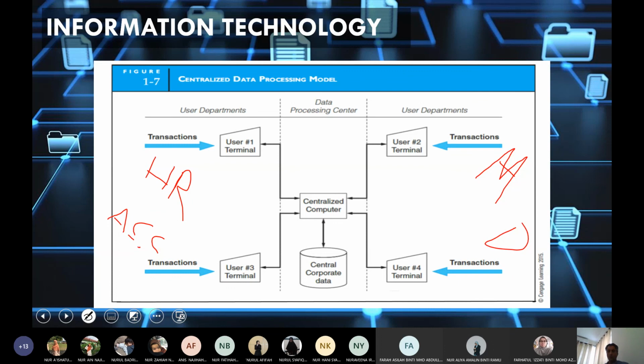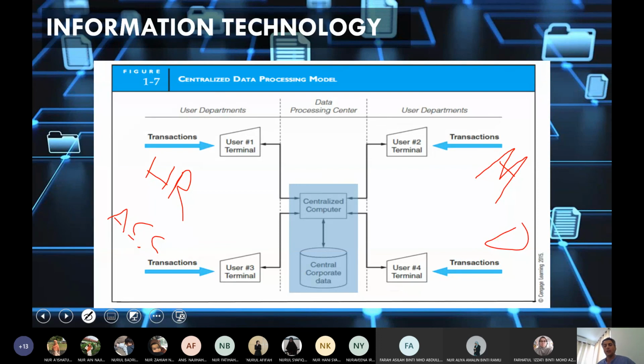If we are using centralized database processing, everyone will update and retrieve the same database, which is the modern concept of data.